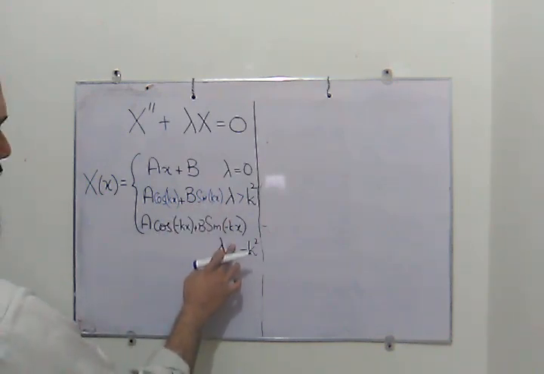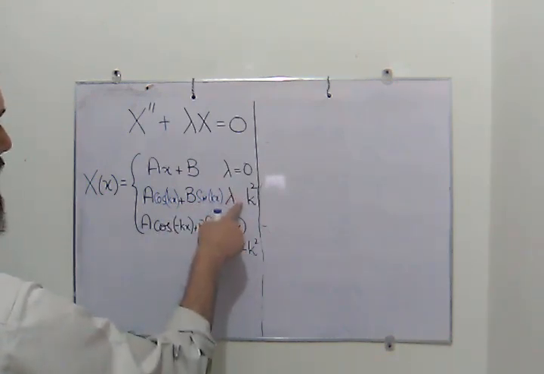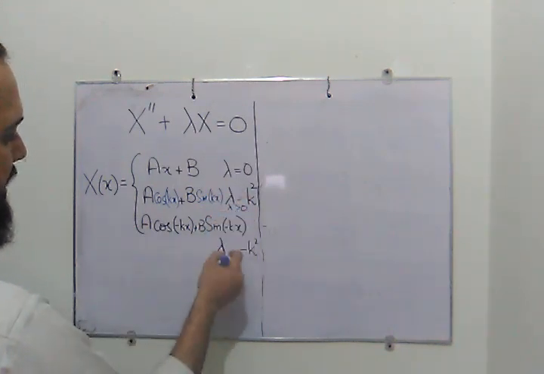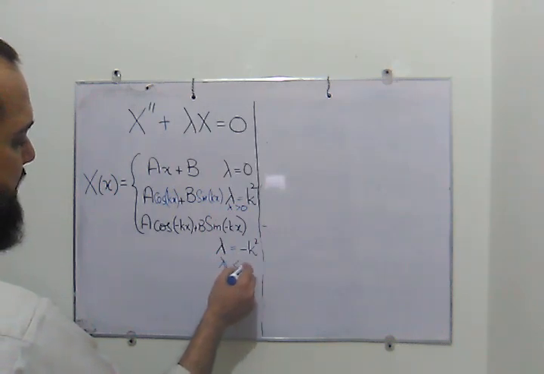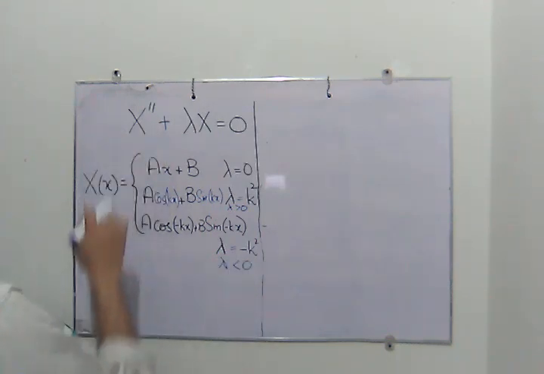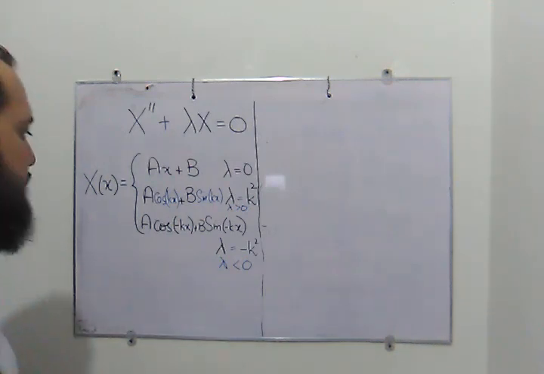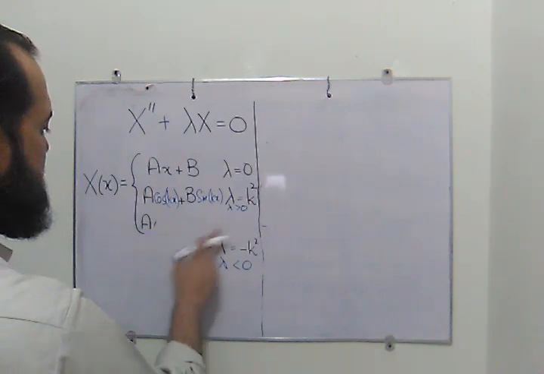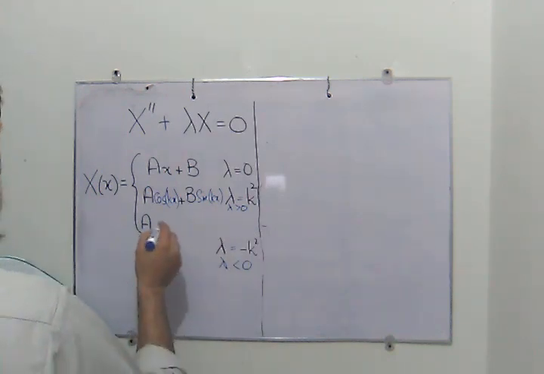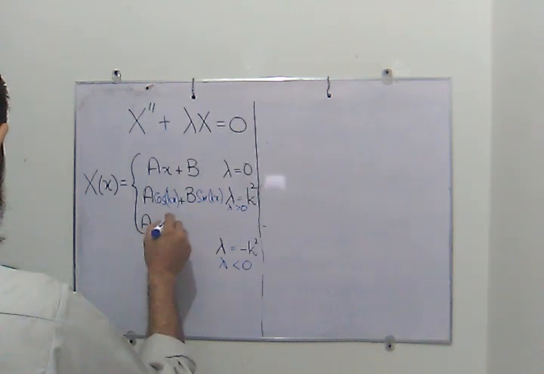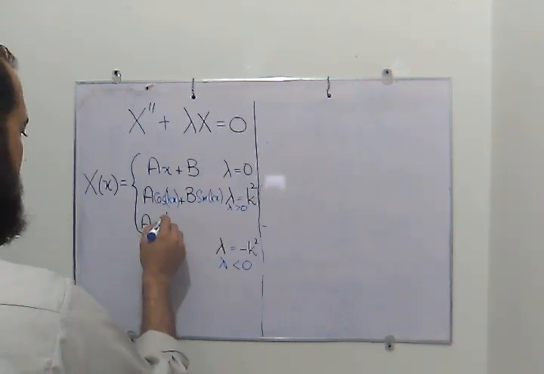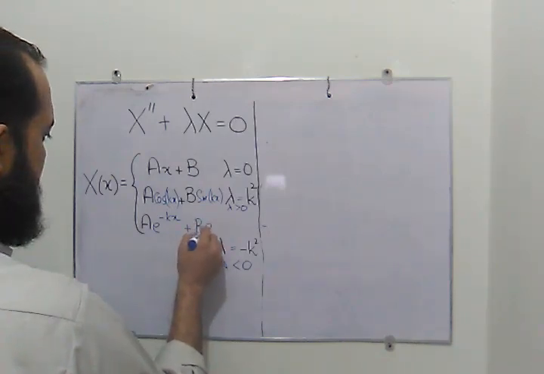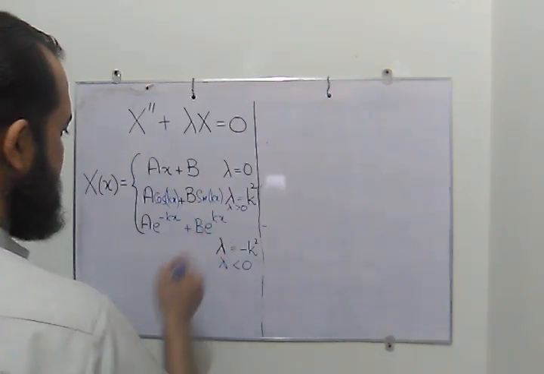And when lambda is equal to minus k square, which means that lambda is less than 0, then this differential equation has a solution in the form of exponential. And it will be a exponential minus kx plus b exponential kx.